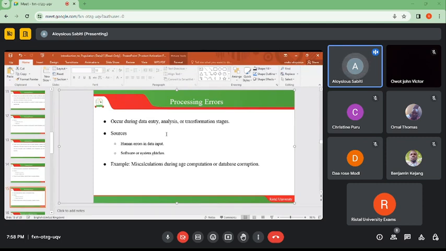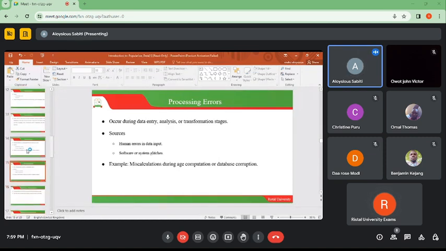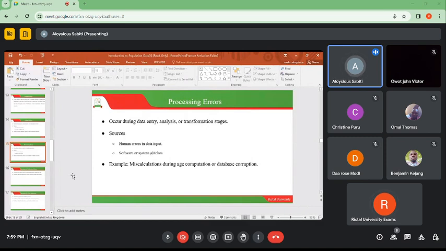We very well know that sometimes when we're doing data entry, as a result of large or bulk data, there are some errors that may occur. These are some of the errors that occur during processing of data. Some software might also crash, leaving us with processing errors.